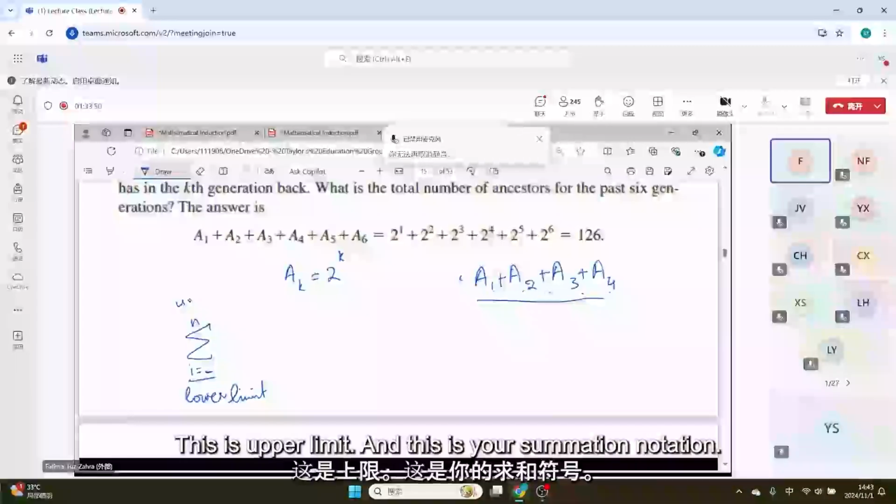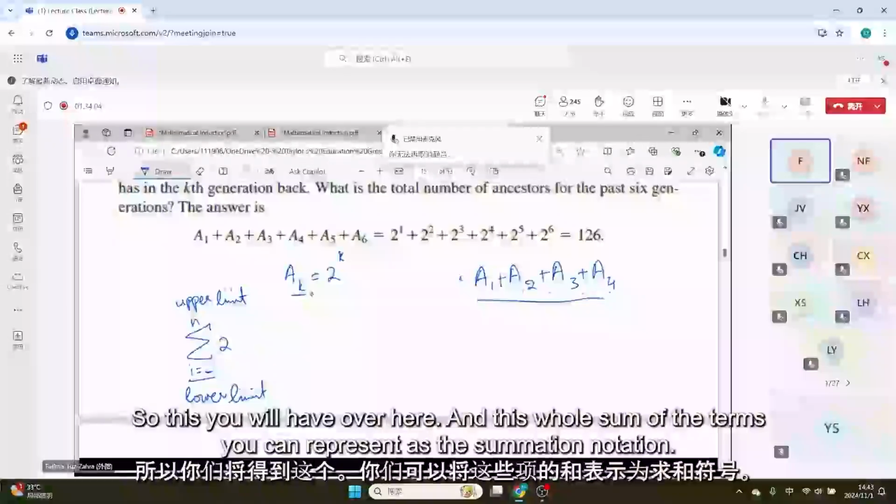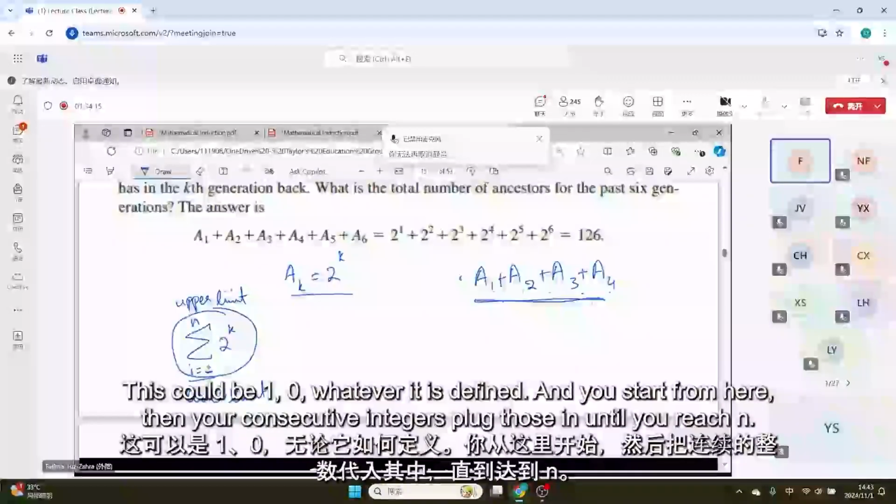This is your summation notation, and here you have the formula. For example, for finding the total ancestors, this is the formula. This whole sum of the terms you can represent with the summation notation. The lower limit could be 1, 0, whatever is defined, and you start from there. Then you plug in consecutive integers until you reach n.